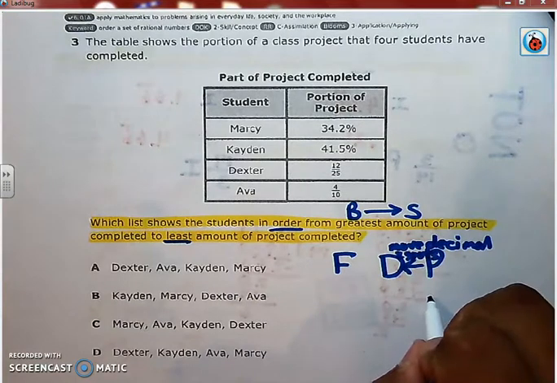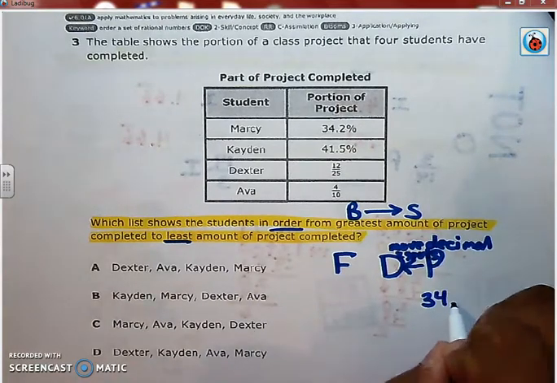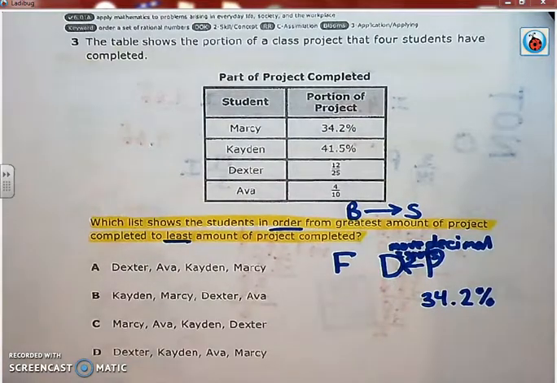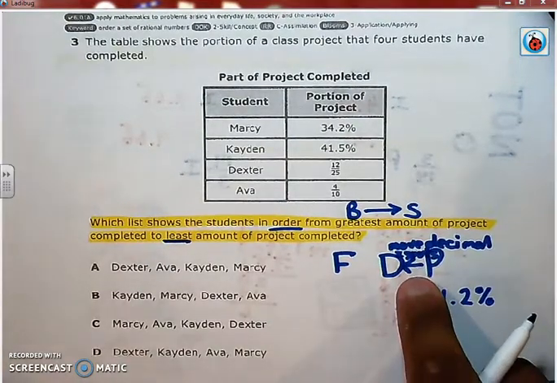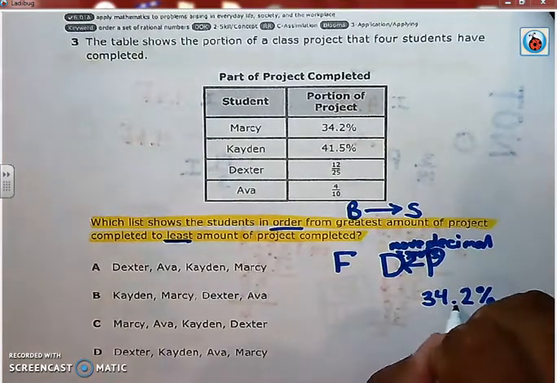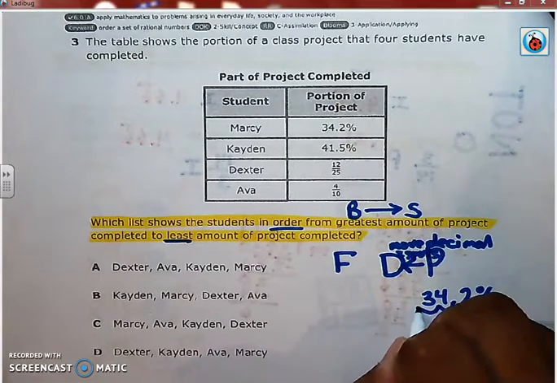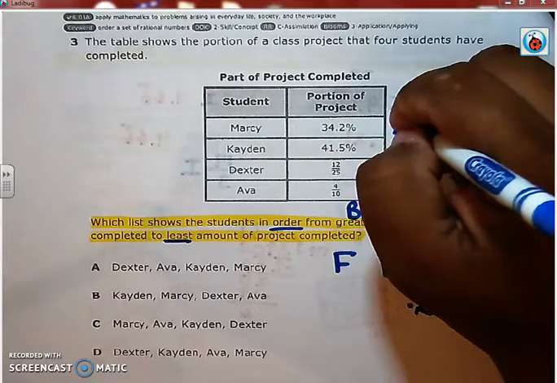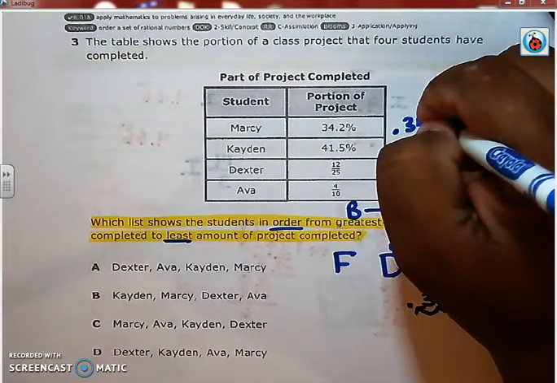So let's look at Marcy here. Marcy is 34.2%. So I'm going to do exactly what my notes tell me to get it to look like money. Move that decimal 2 spots to the left. 1, 2. I end up with 0.342.